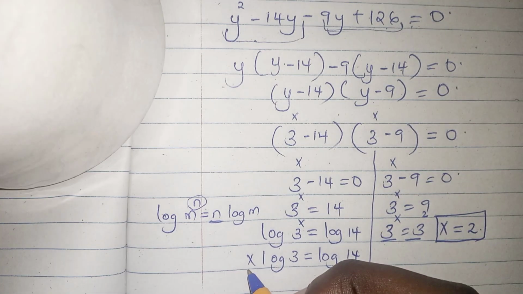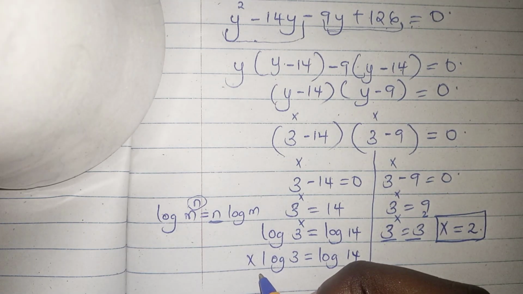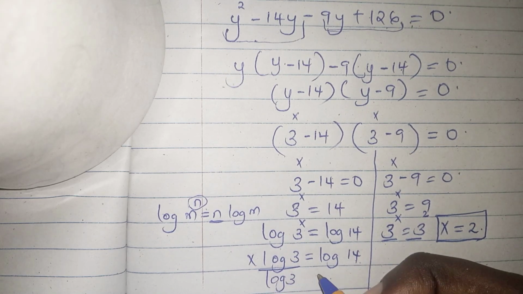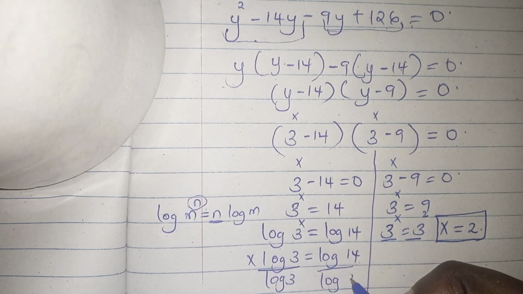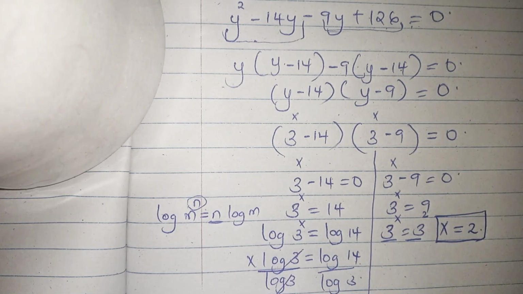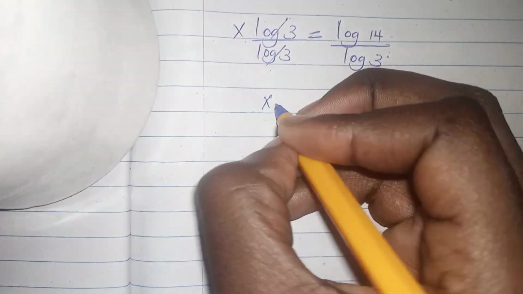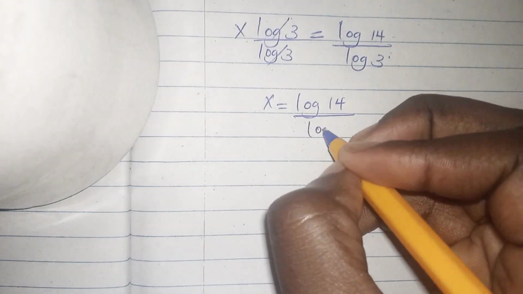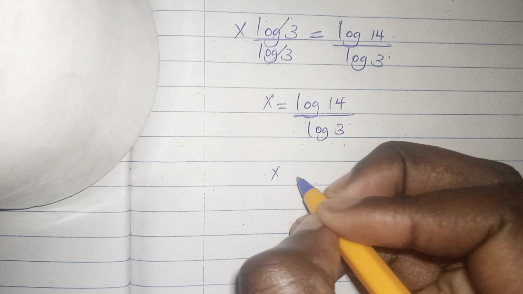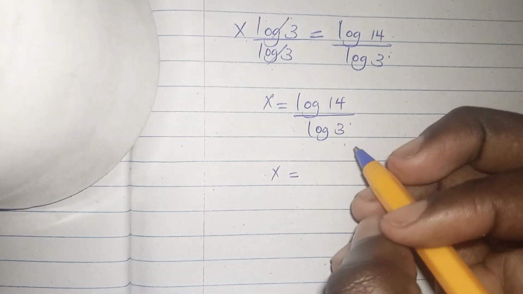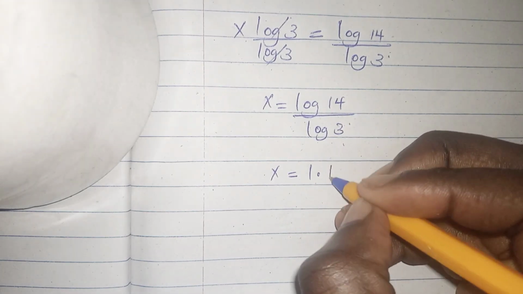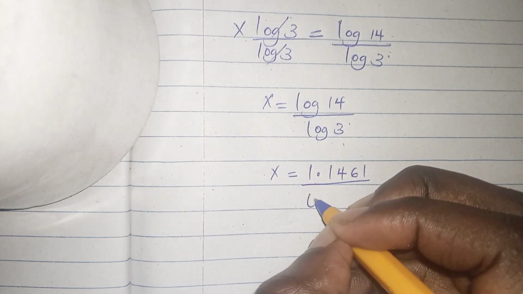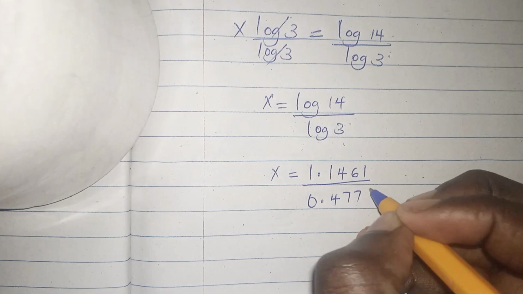Remember we are solving for x. So we shall now make our x the subject by dividing here by log 3 and dividing here by log 3 as well. So this and this will cancel. So x is equal to log 14 over log 3, whereby log 14 gives us 1.1461 over log 3, which is 0.4771.